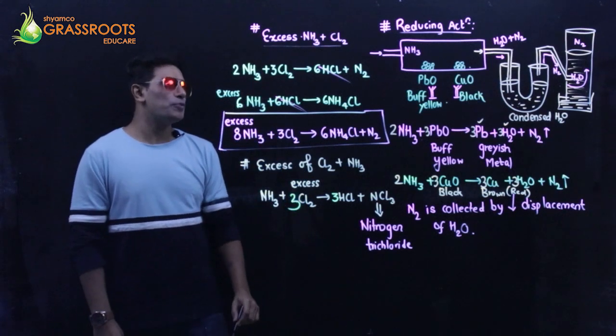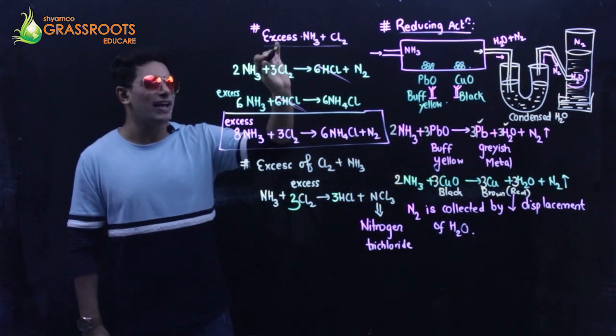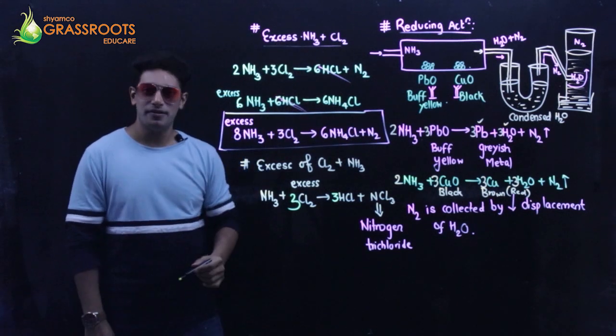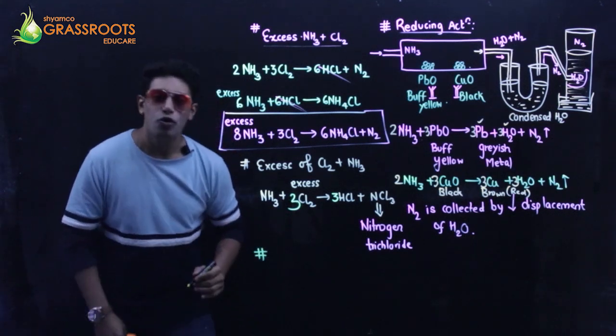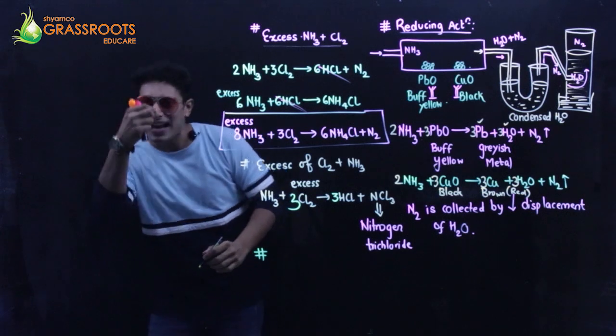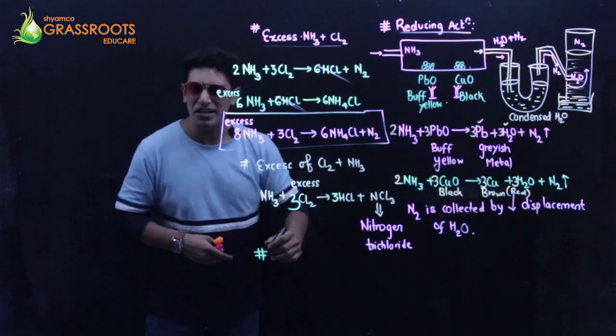Alright, so we studied beautiful things today. Right now we studied the reducing action, the excess ammonia, the excess chlorine, the color. One more reaction, a very important one: formation of nitrogen using ammonium salt. I'm writing the heading.